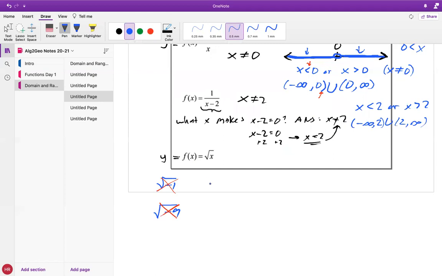A question I usually ask students when we go over this is, can you take the square root of 0? And the answer to that is yes. The square root of 0 is equal to 0. So basically the x's that work in here are all the x's that are not negative.